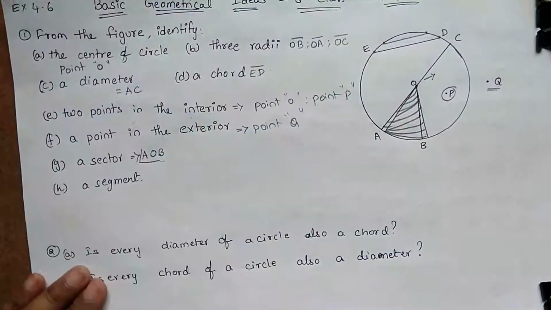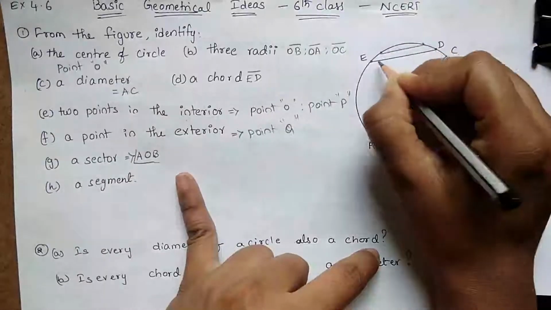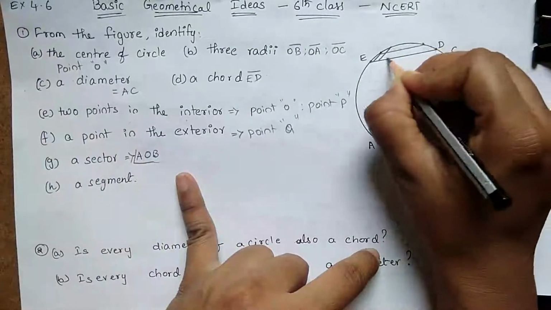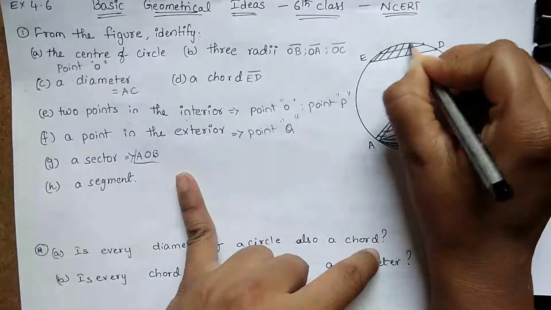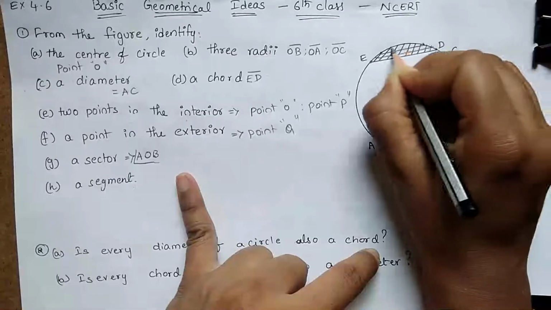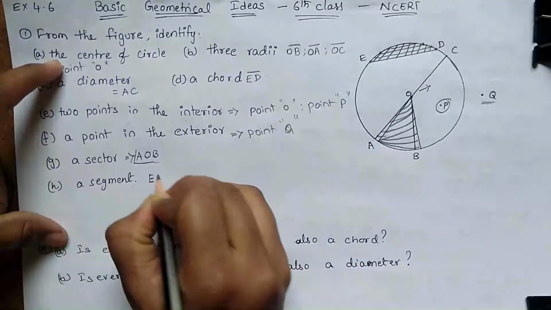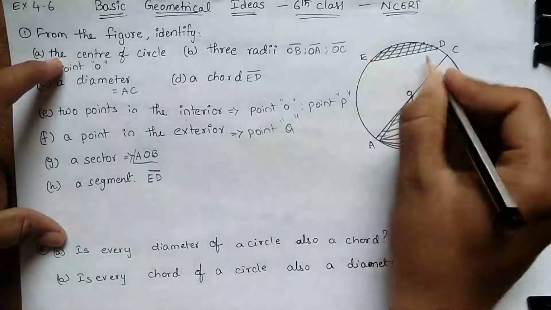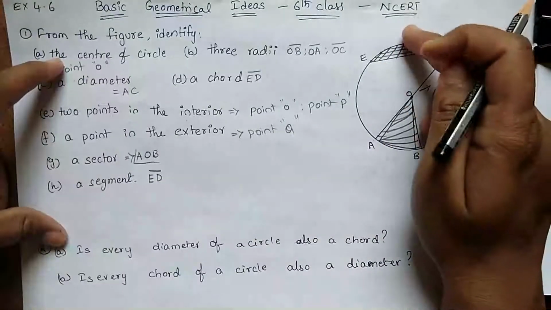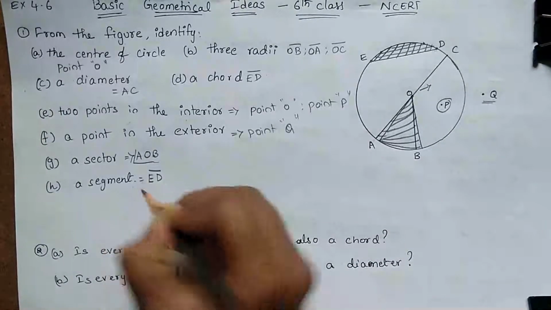Next, a segment is the region between a chord and the circle. So this is the segment, which is also written as ED. We shade from the chord up to the boundary of the circle. So this is a segment.